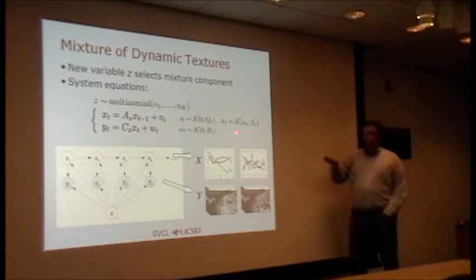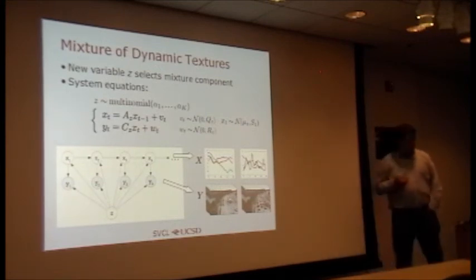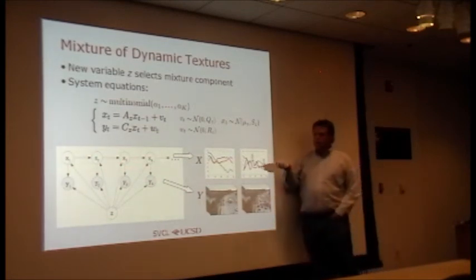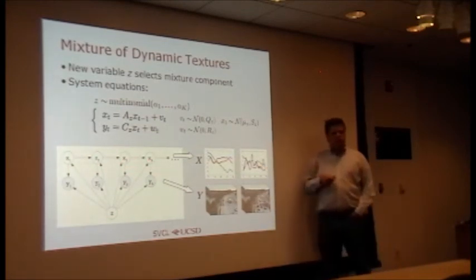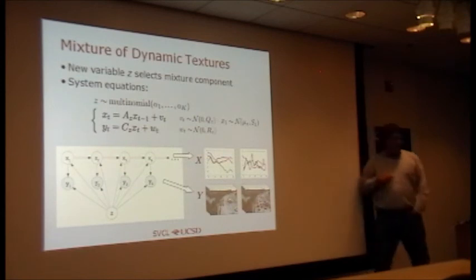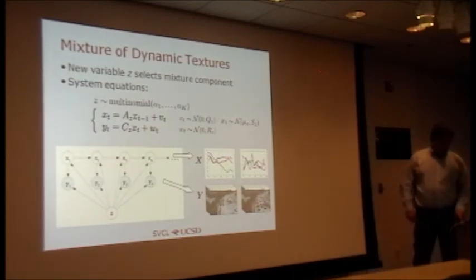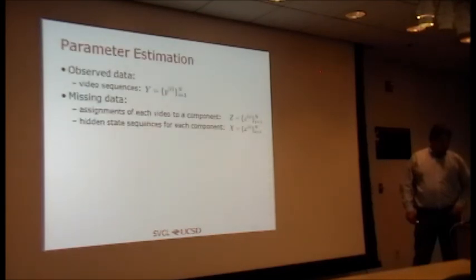Or I can do this on a cube basis, like I showed in the previous slide, selecting between these different models at different locations of the visual field, and that allows me to segment the scene into different types of dynamic textures.